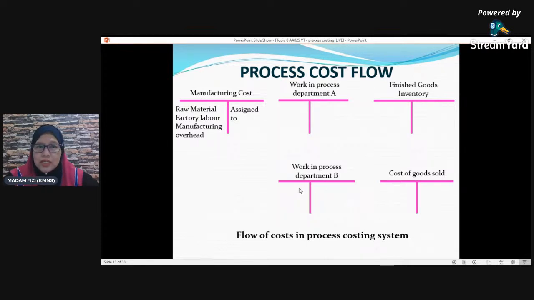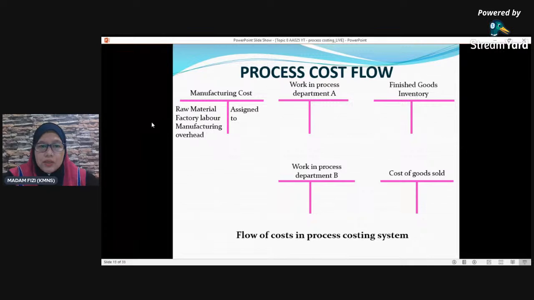Okay, let's focus. Firstly, kita ada manufacturing cost. That is the raw material, direct labor and also manufacturing overhead. And then we assign the cost to, dan kat sini saya buat ada 2 saja department, that is department A and department B. Department A adalah department yang mula-mula, department B adalah department yang terakhir, yang kemudian.